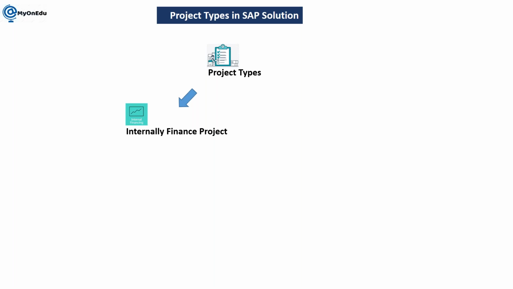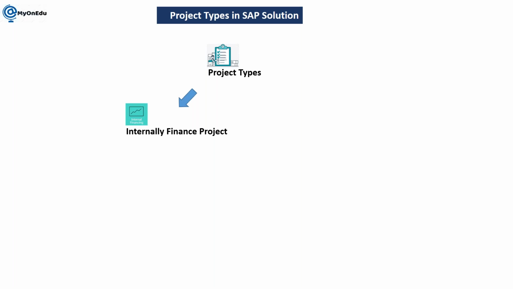First is the internally financed project, where the organization is financing the project, like your investment project or your cost project. Investment project, let's say you are the organization and you want to construct one office for yourself, or you want to construct one plant so that you can increase the production of your product.